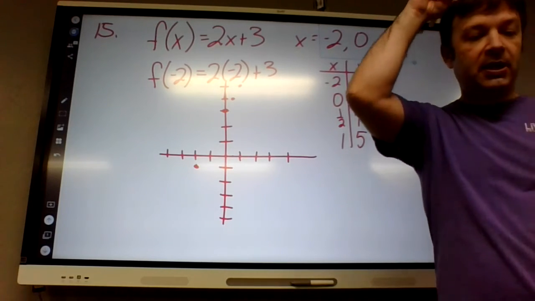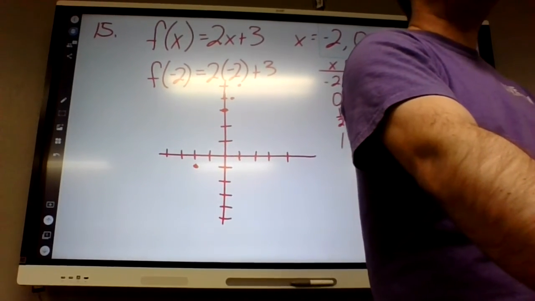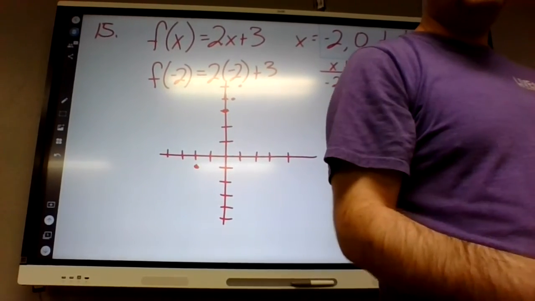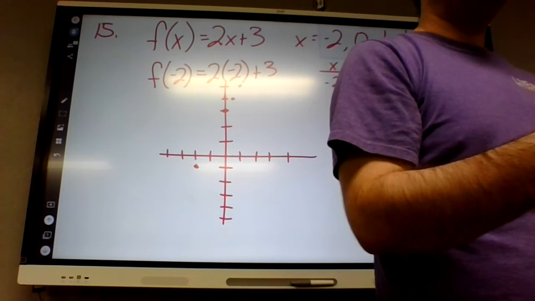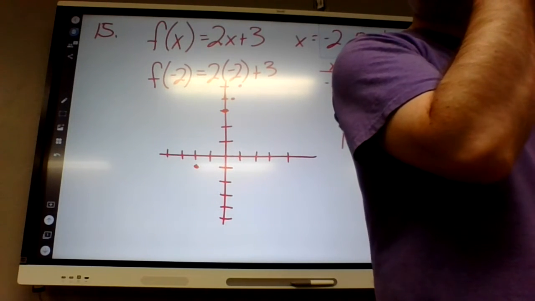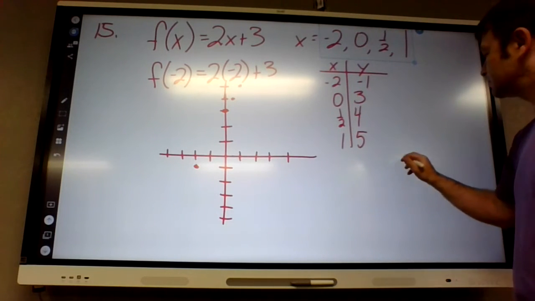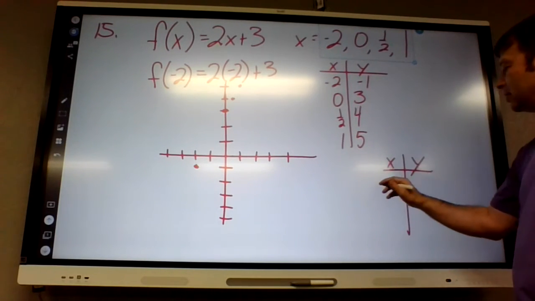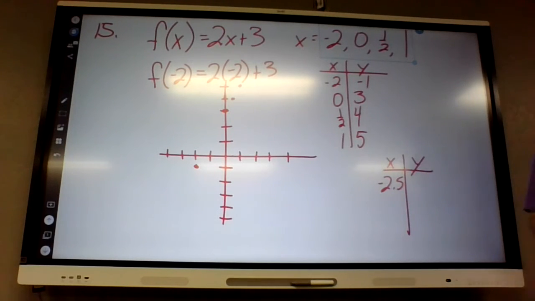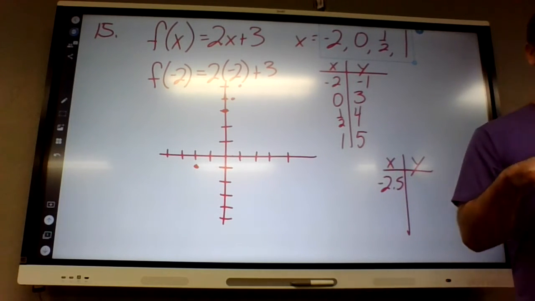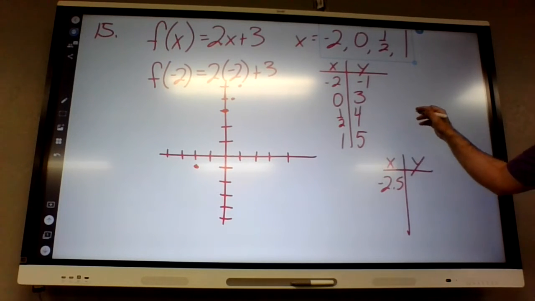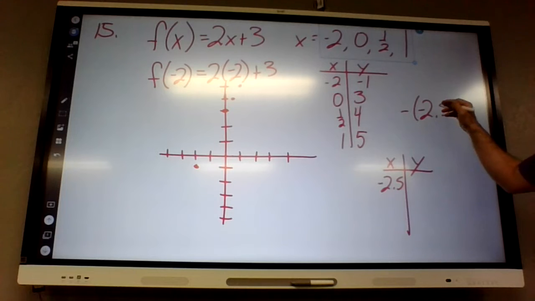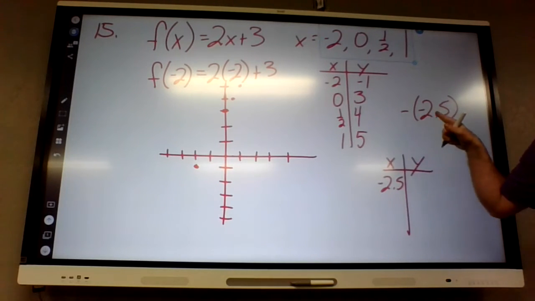Okay, on 16, listen. When you go to plug in negative 2.5, if it says negative in front of the x already, what do you think is gonna come out? Okay, the first thing they tell us to plug in on 16 is negative 2.5. So if you put that in for the x, you have negative of negative 2.5. What's that? Positive 2.5.